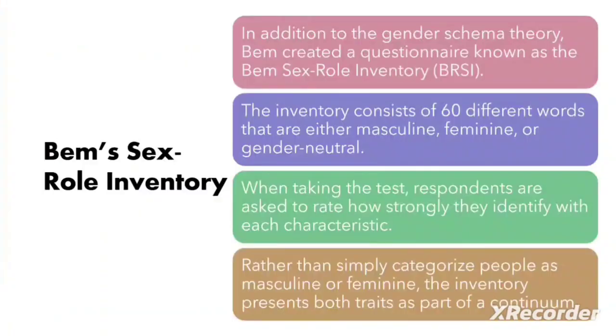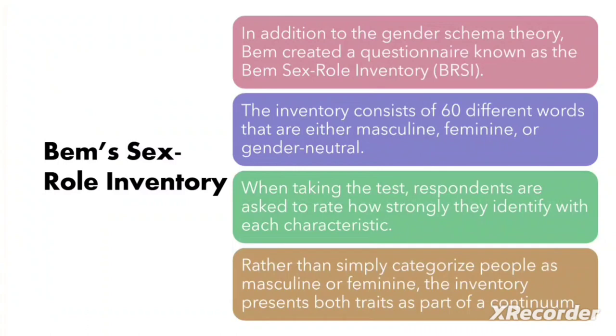Now let's see Bem's Sex Role Inventory. After introducing gender schema theory, she also created a questionnaire to find which category people fall into, feminine or masculine. This inventory consists of nearly 60 different words, which may be masculine, feminine or gender neutral. Respondents have to identify with each characteristic, from strongly agree to neutral.